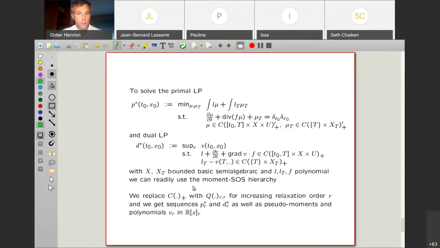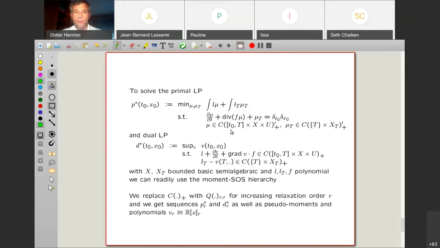And so we can really plug and play the moment-SOS hierarchy, this mathematical technology, just by replacing this cone here, the cone of non-negative continuous functions, with these truncated quadratic modules, these sums of squares.